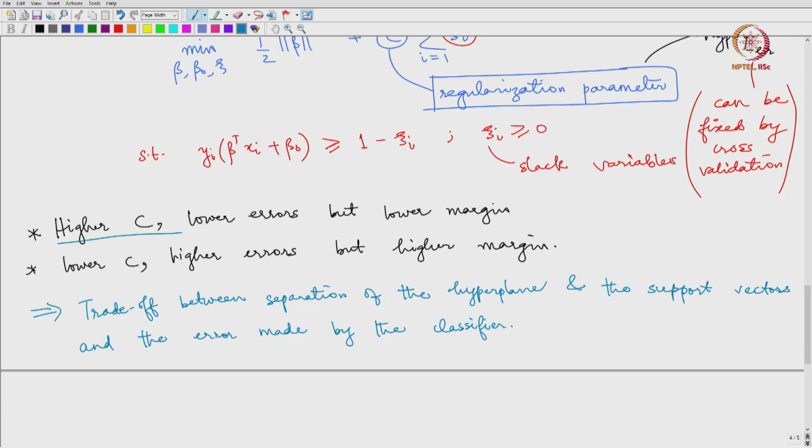Right. So, this is exactly what you saw right above here.